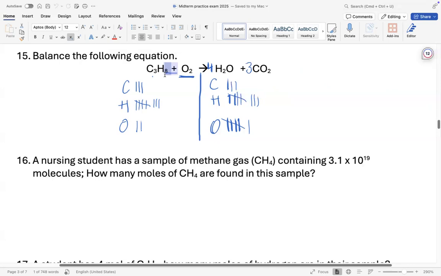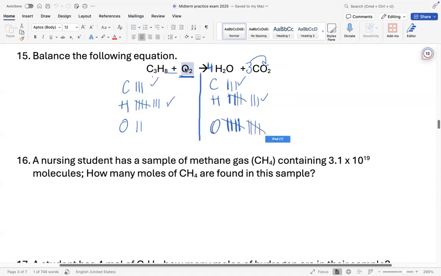Now my hydrogens are the same on both sides, and my carbon is the same on both sides, which leaves me with oxygen. I need to do a new count since I added this 3. I have 4 coming from the H2O, and now 6 coming from the CO2, for a total of 10.